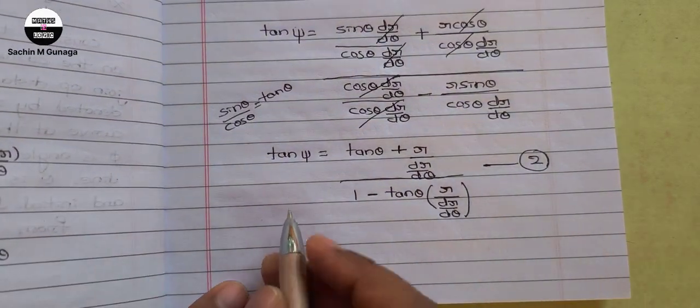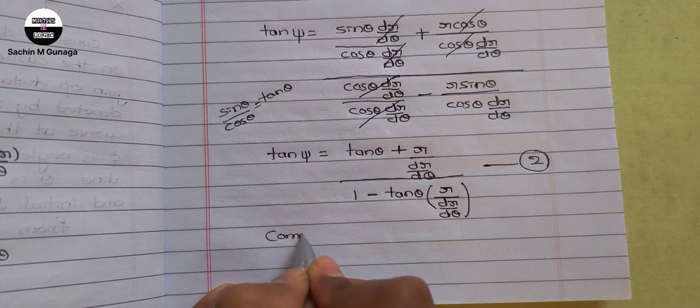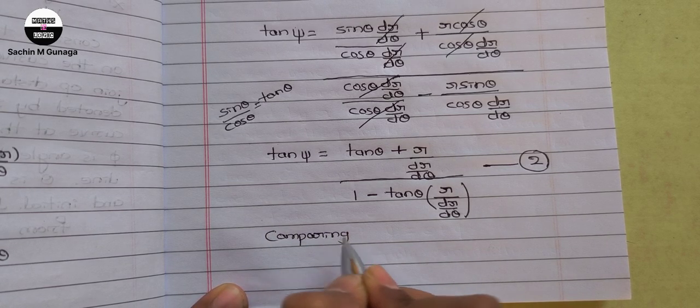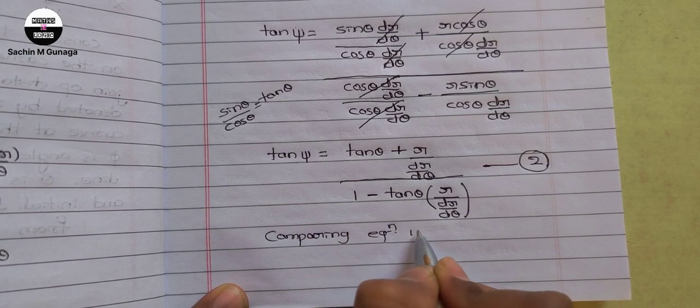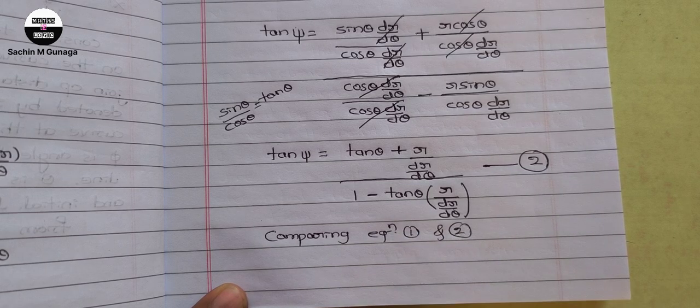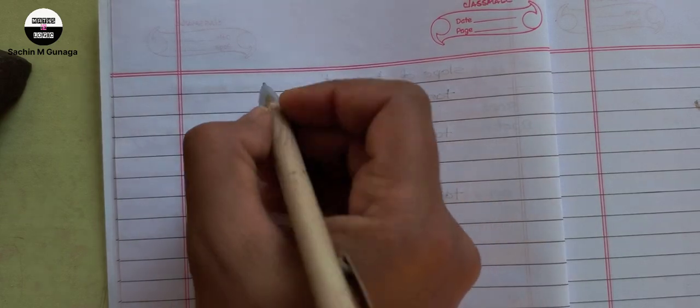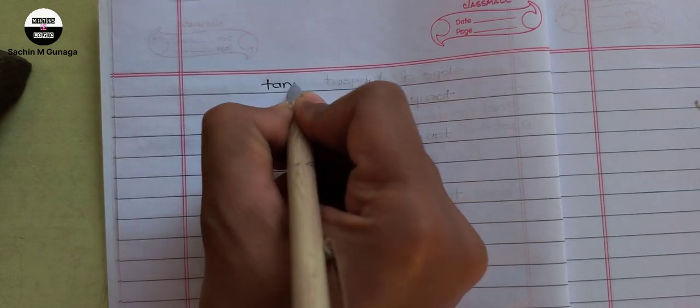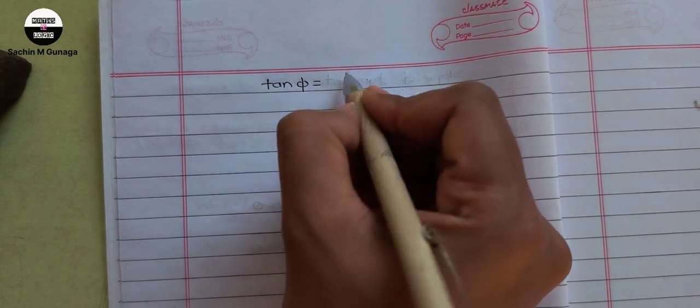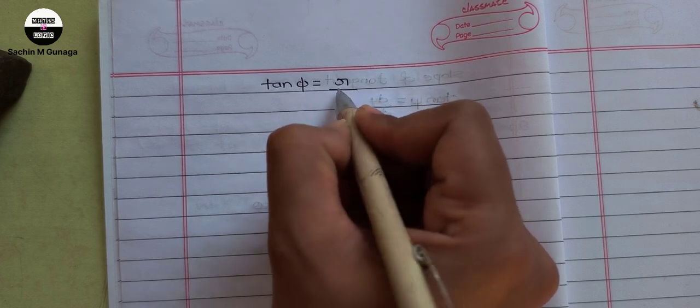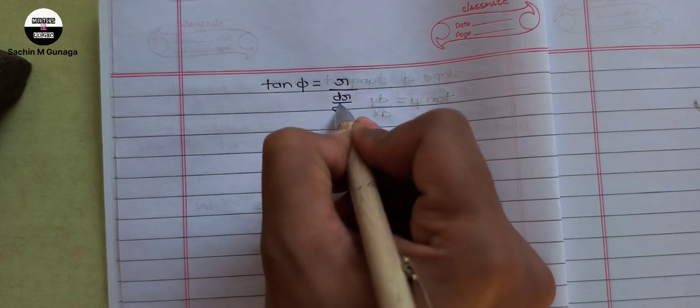Therefore, by comparing equation 1 and equation 2, we can observe tan psi is equal to r divided by dr by d theta.